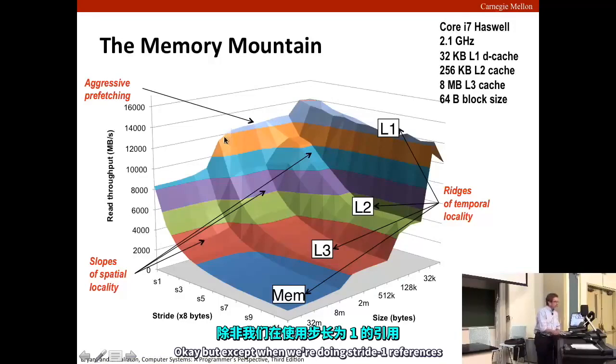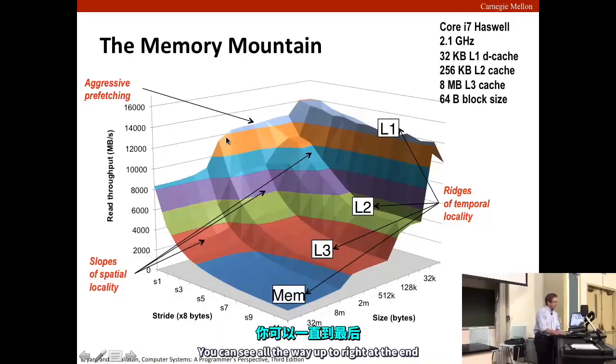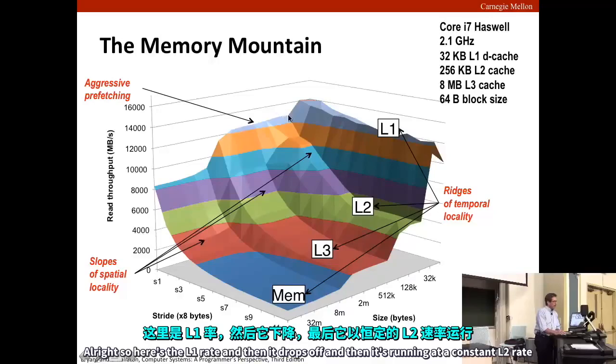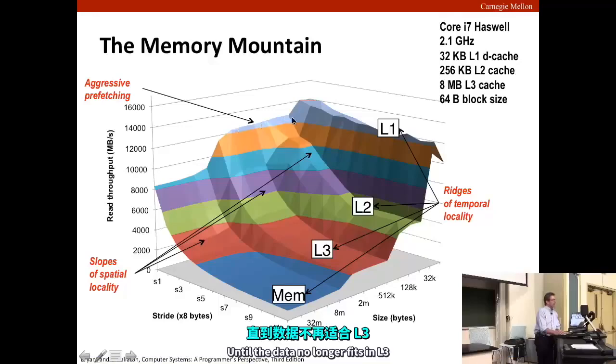But except when we're doing stride 1 references, you can see all the way up to right before it exceeds the size of L3, it's flat. And it's running at the L2 rate. So here's the L1 rate, and then it drops off. And then it's running at a constant L2 rate until the data no longer fits in L3.